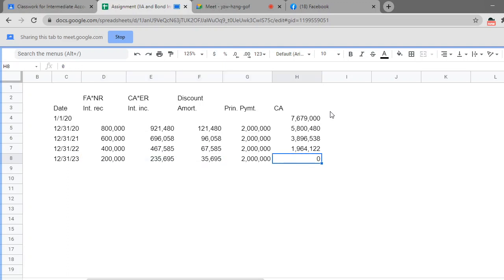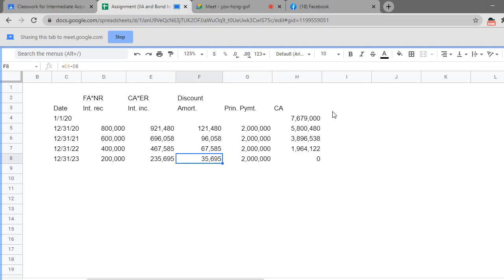Itry daw nato kung zero ba yun. Previous carrying amount minus your discount, plus the discount amortization minus this, the principal payment, dapat zero. But as you can see, it's not zero. It's negative 183 and we cannot have a negative carrying amount. Zero yun na siya. Therefore, i-work back na to.